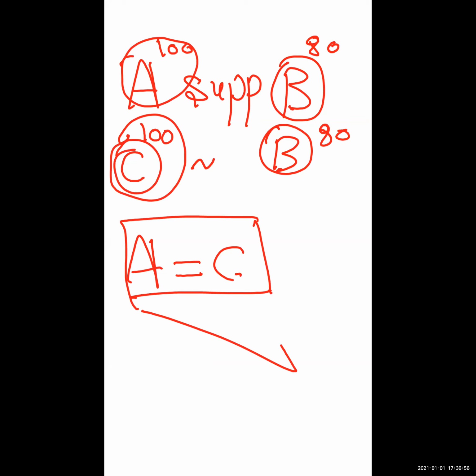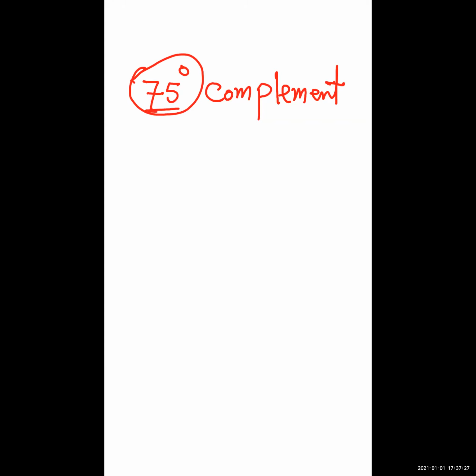One question, guys, like this one. The angle whose measure is 75 degrees complements an angle of measure, it will complement the second angle so that they equal 90. So 90 minus 75 is 15 degrees.